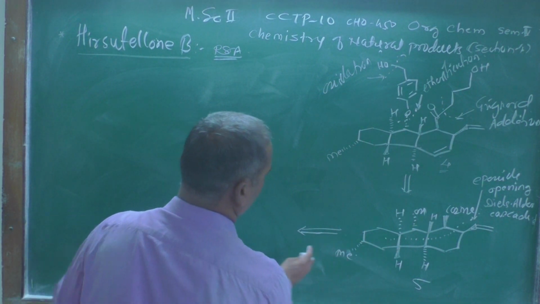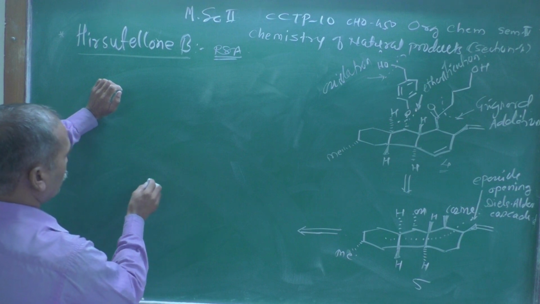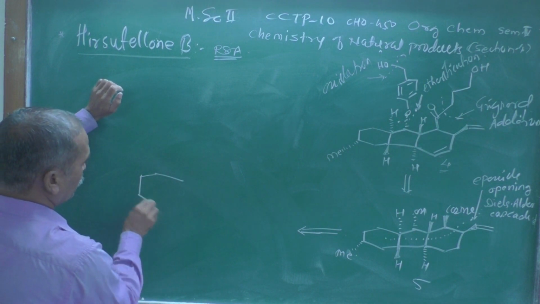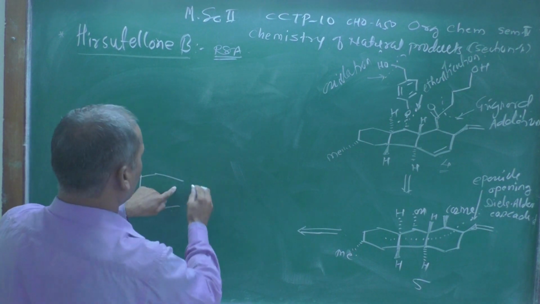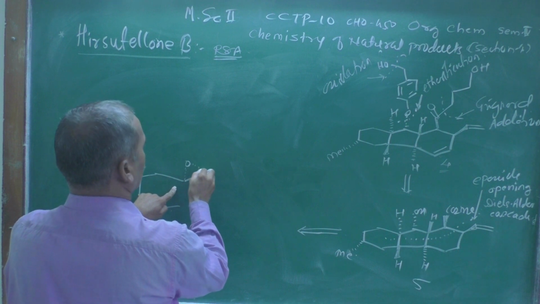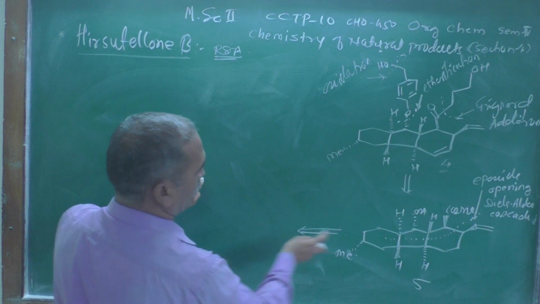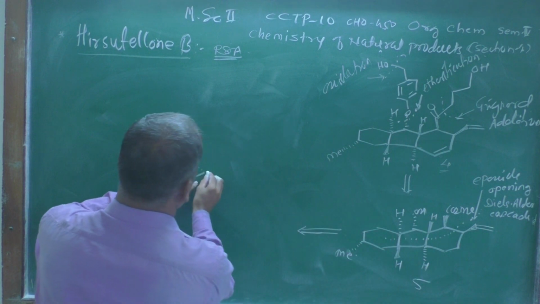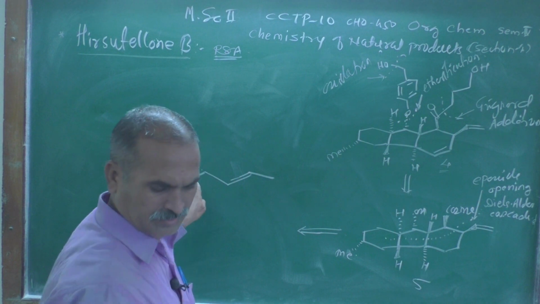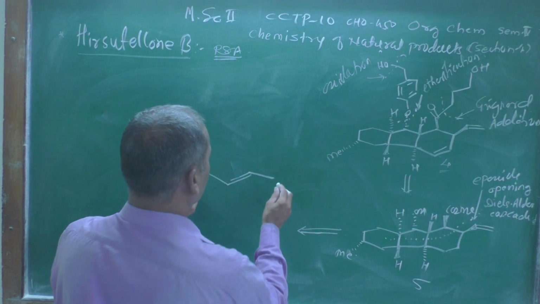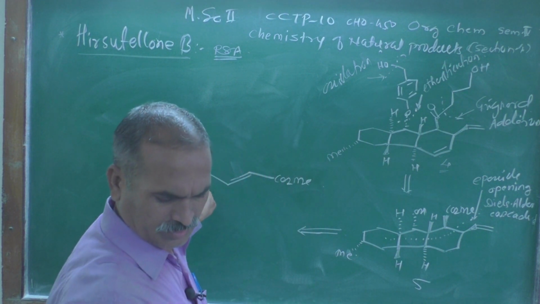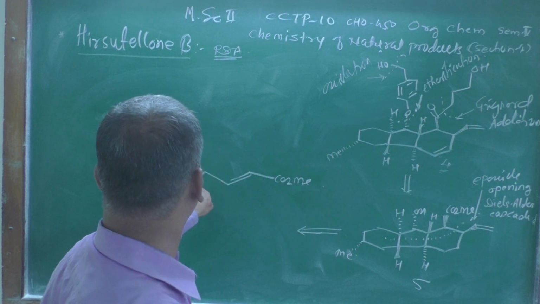After breaking this, the things which we are going to get, here you are going to get an epoxide, then there will be a double bond, and then this should be CO2Me, on that side, the above side, right?